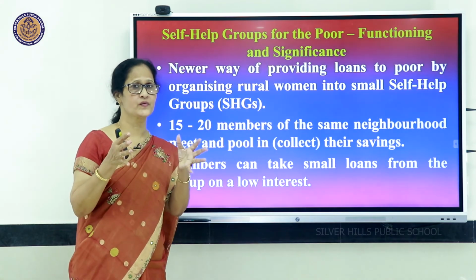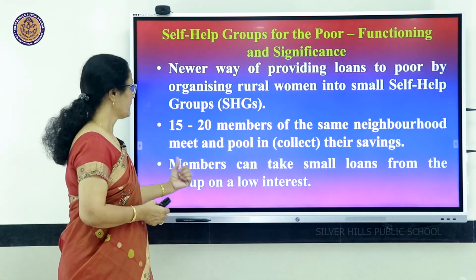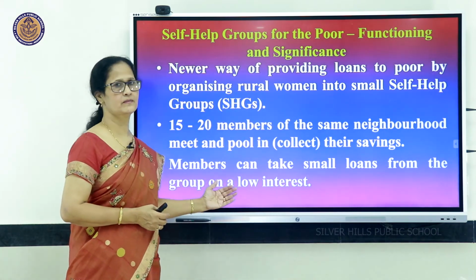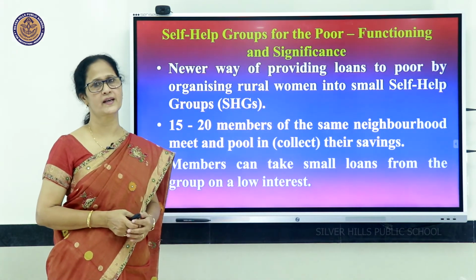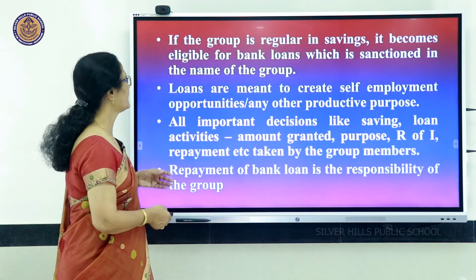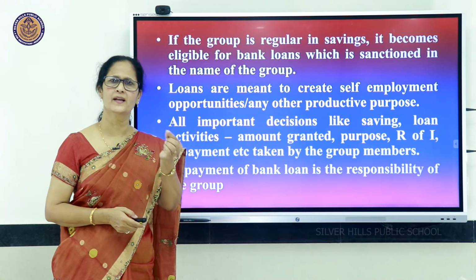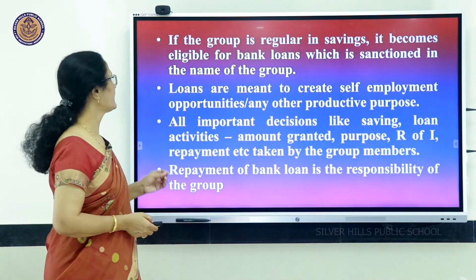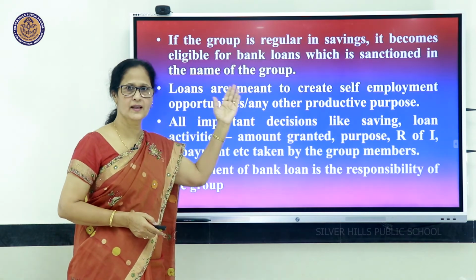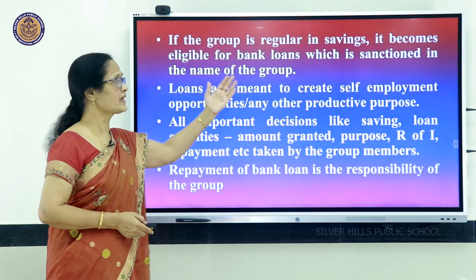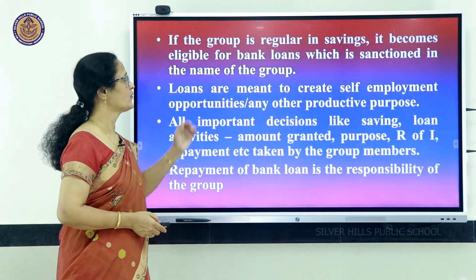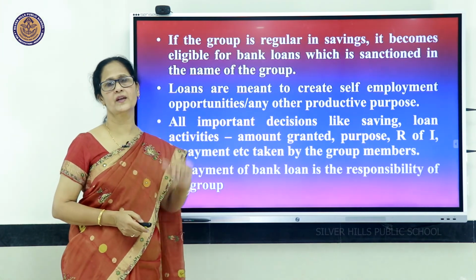Now, what is the use of that collected amount? Members can take small loans from the group on a low rate of interest. They can take loans from that collected amount for which they have to pay a very low rate of interest. Now, if the group is regular in savings, that group becomes eligible for bank loans, which is sanctioned in the name of the group.